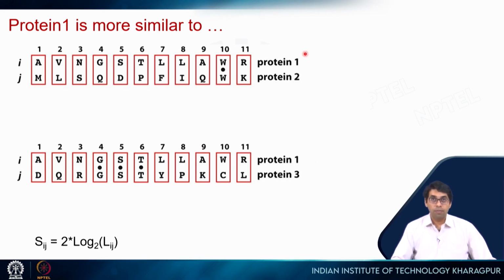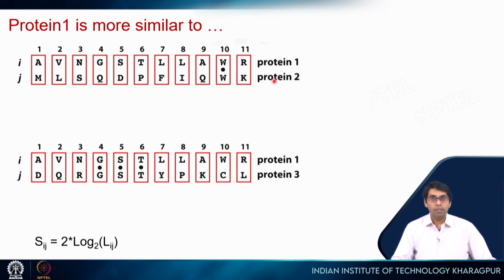So, let us say these 3 sequences come from the same protein, but from different species. Based on that we can also answer whether species 2 is more similar to species 1 or species 3 is more similar to species 1, right.